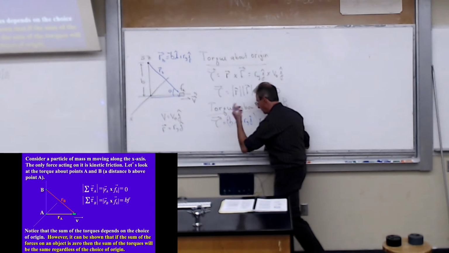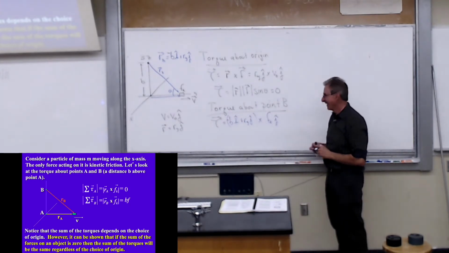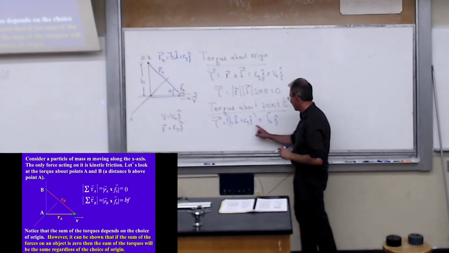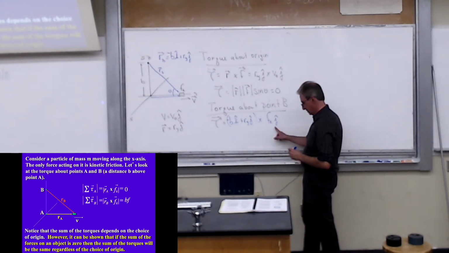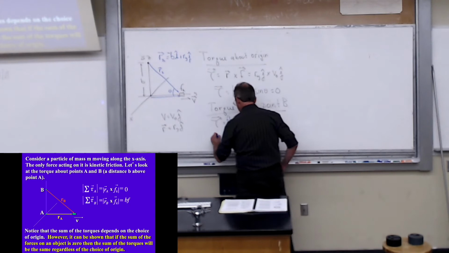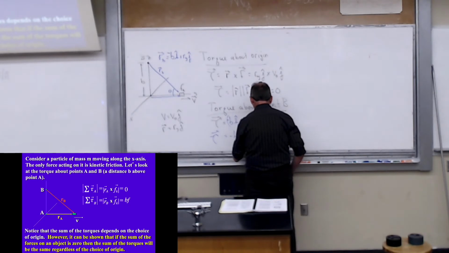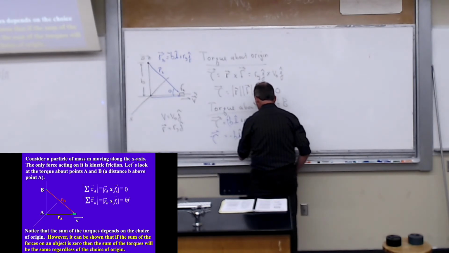Thank you. I keep forgetting the darn negative signs. Sorry. So what's j cross j? So my torque then is minus b times k hat cross f sub k times j hat.